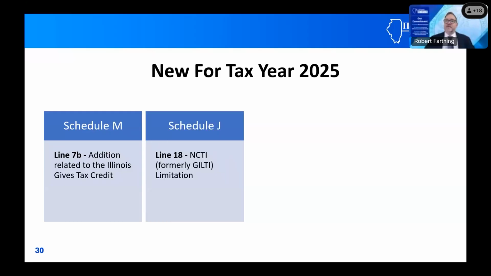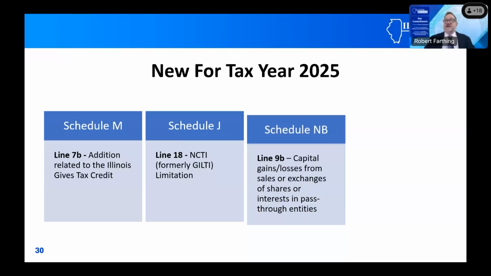Effective for tax years ending on or after December 31st, 2025, the Schedule J, foreign dividends, has also been modified to limit the dividend received deduction for net controlled foreign corporation tested income, or NCTI for short. That's been reduced to 50% of the amount recognized. This is what was formerly called the Global Intangible Low-Taxed Income, or GILTI for short.